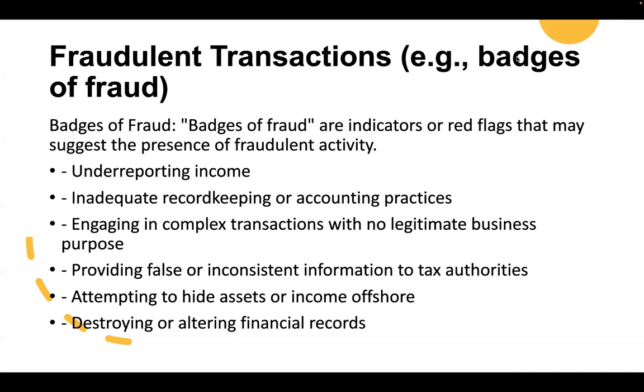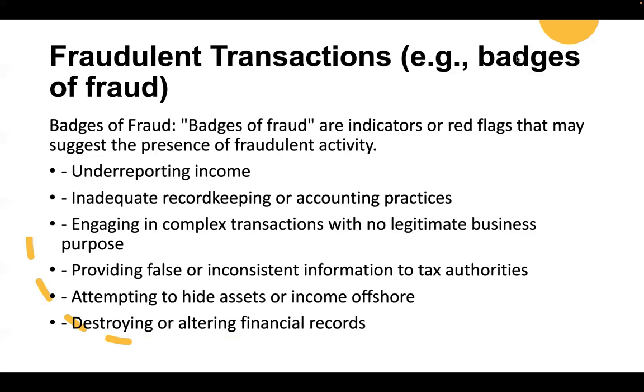It's just saying that these are generally a red flag that the IRS will want to investigate, and you as a tax professional and an enrolled agent, you would need to be conscious and leery of and make sure that we're ascertaining all the facts of a client's or a taxpayer situation. So number one, underreporting income. It's a badge of fraud. Inadequate record keeping or accounting practices.